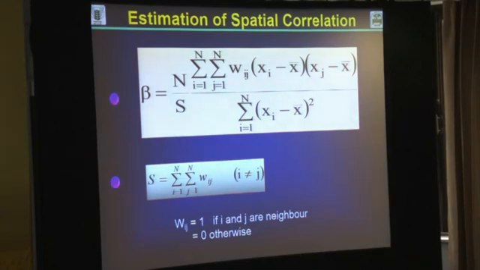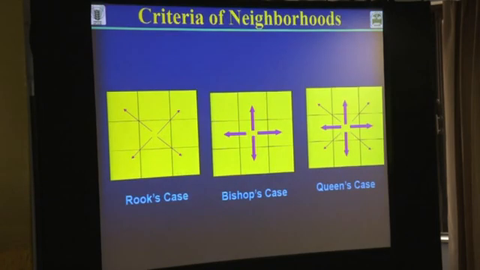And why I'm showing you this is we have this special unique term Wij, that is the neighbor, which is 1 if i and j are neighbors, and is 0 otherwise, which actually captures the spatial dependence in the data. And these can be defined by different criteria, that is diagonal-wise, adjacent, and both diagonal-wise and adjacent, which is the Queen's case, which I have taken in this study.